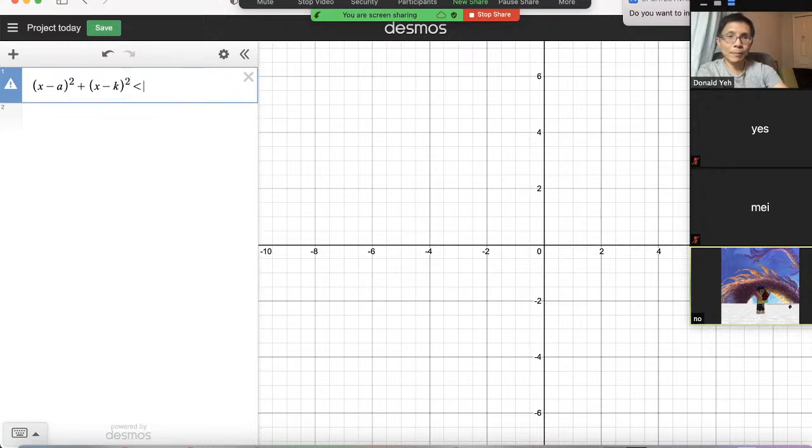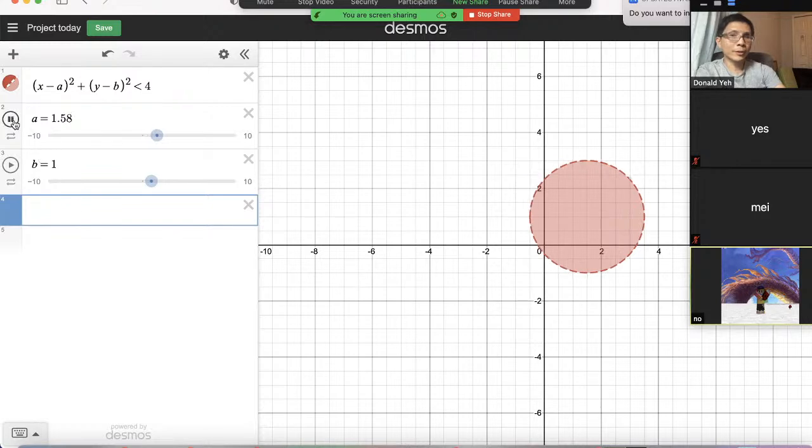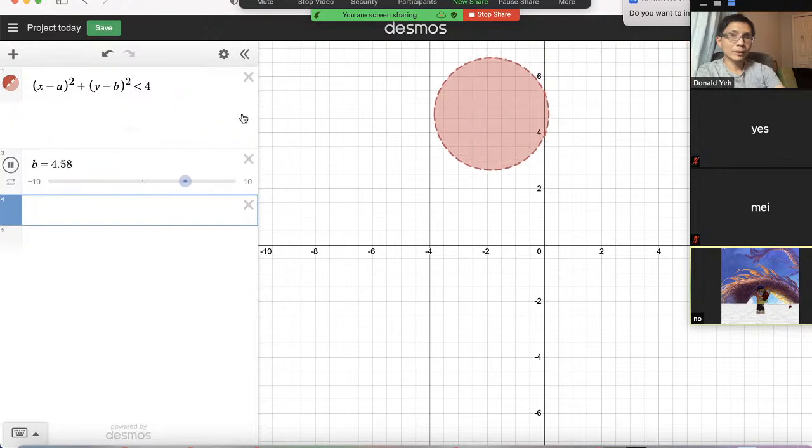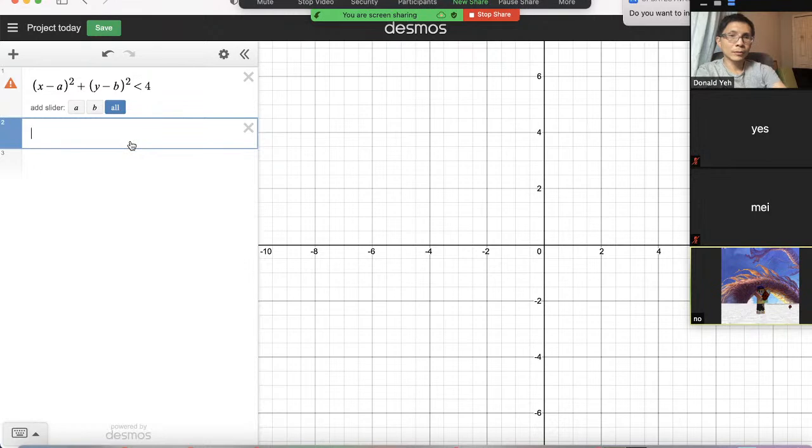Why did you do 2 X's? It's supposed to be Y. It's supposed to be Y minus B. I can type. Yep, and then remove a equals to 1 and b equals to 1. Remove that. No, that's just a slider. No, remove it. You have to. And then do a comma b.